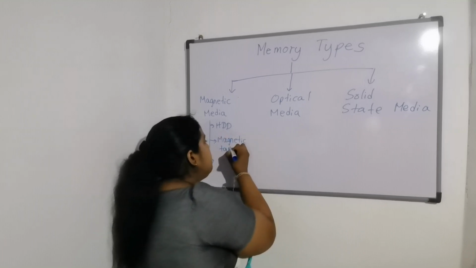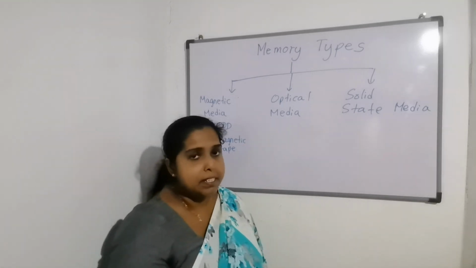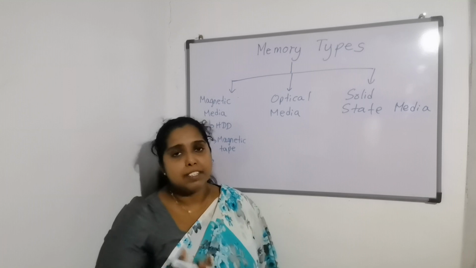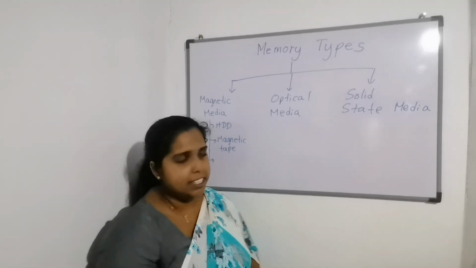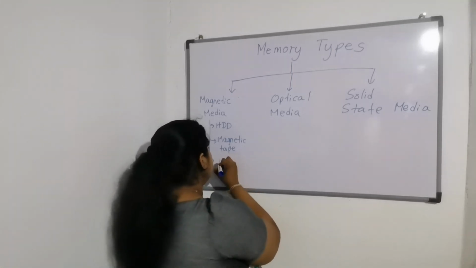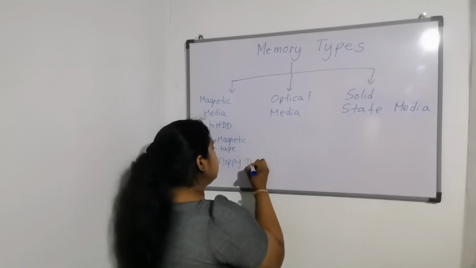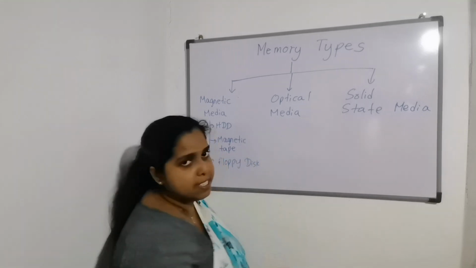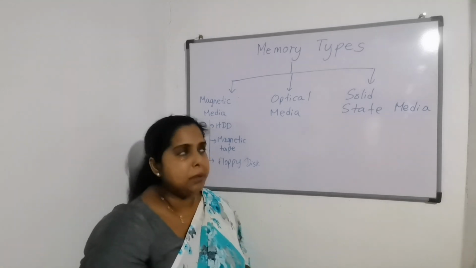Magnetic tape was very popular earlier. Now we are still using magnetic tape, but for some storage purposes, for long time storage. Other than that, earlier we have used floppy disks. There are a lot of examples for the magnetic media. These are some of the popular ones.